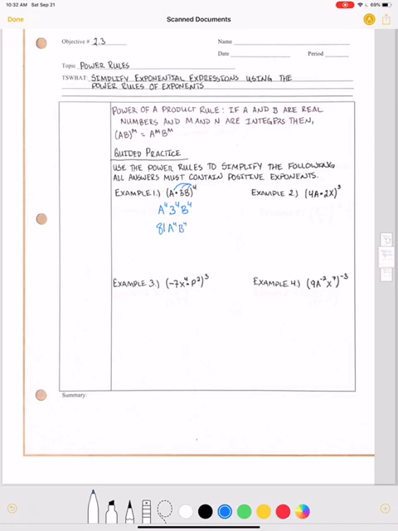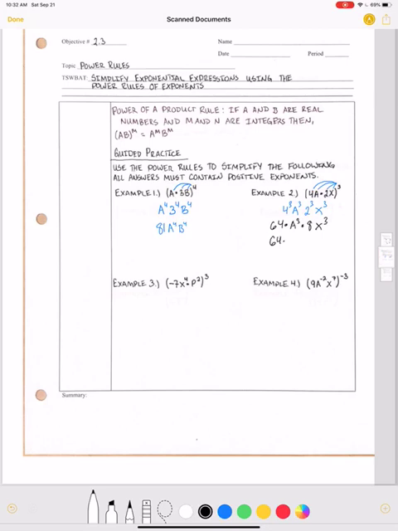In example 2, I have 4a times 2x raised to the power of 3. I'm going to distribute the 3 to the 4, the a, the 2, and the x. This is going to be 4 cubed times a cubed times 2 cubed times x cubed. 4 cubed is going to be 64, a cubed, 2 cubed is 8, and x cubed is x cubed.